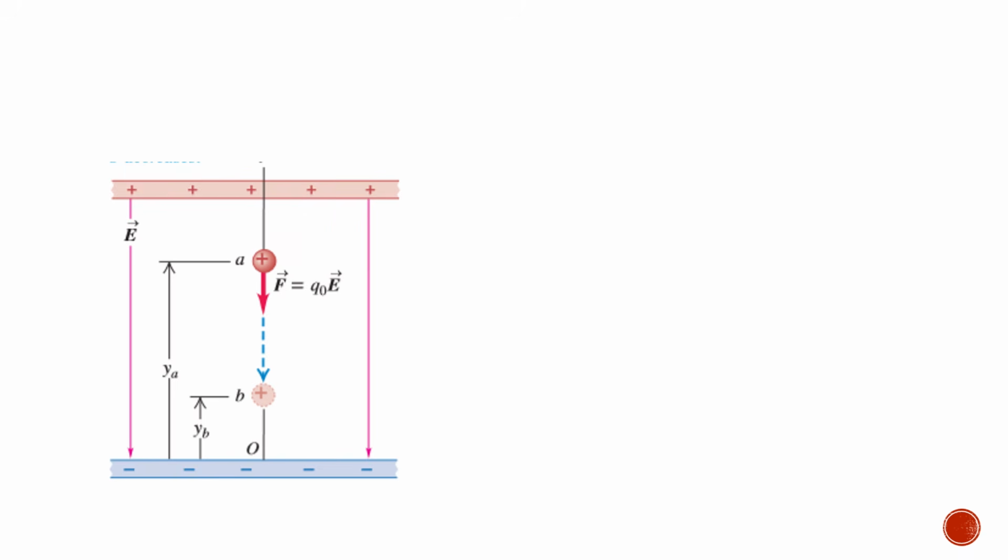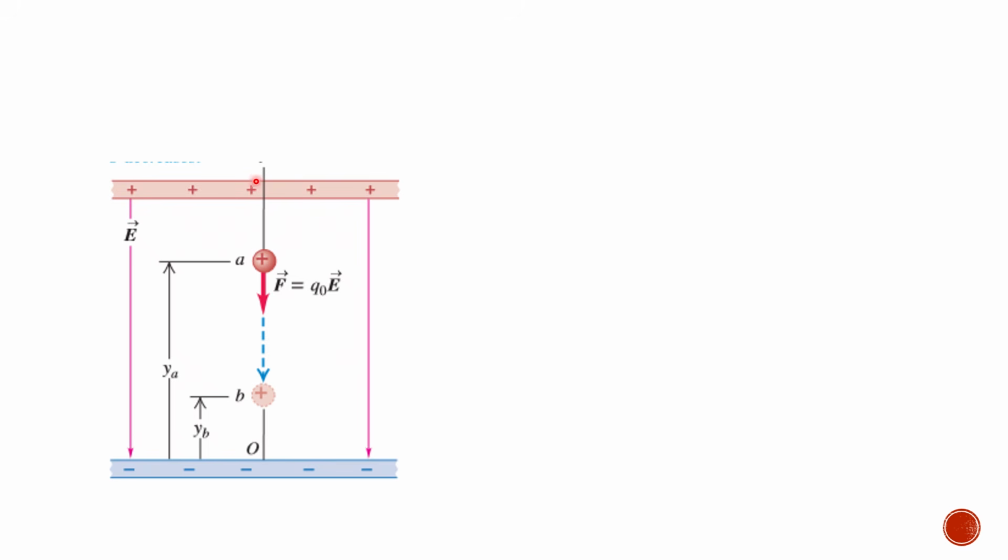The sign of the work depends on the direction of motion relative to the electric field. There are four cases. One is for a positive charge moving in the direction of the electric field. The displacement is from here to here, in the same direction as the electric field. The field does positive work on the charge as the potential energy decreases.